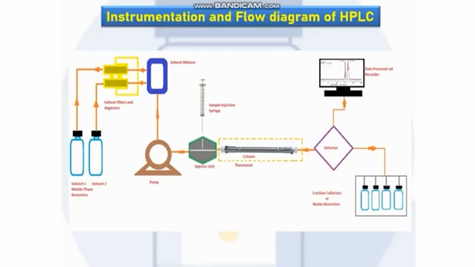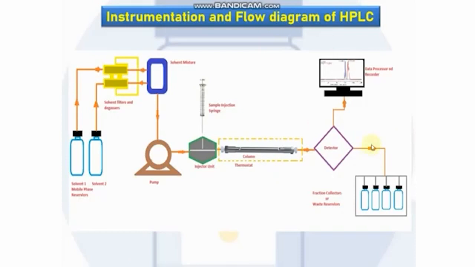Sometimes a combination of different detectors is used. The signal from the detector is analyzed and recorded by a computerized data processor and recorder. Sophisticated data acquisition and analysis systems are available for all detectors.